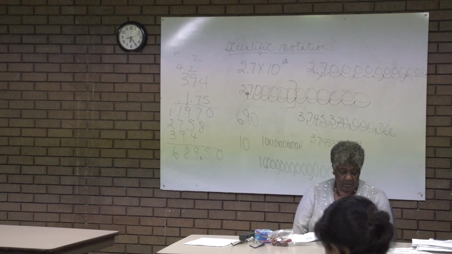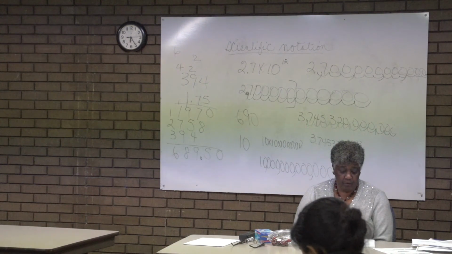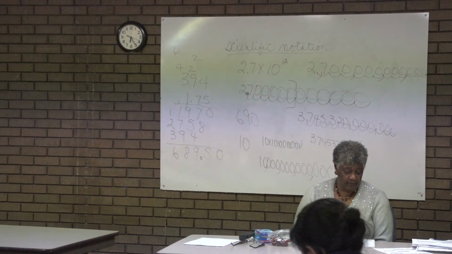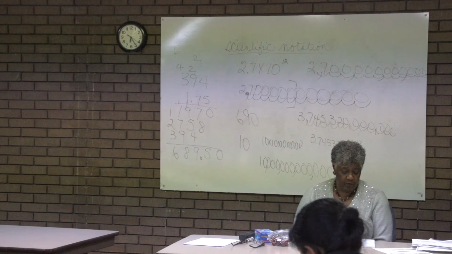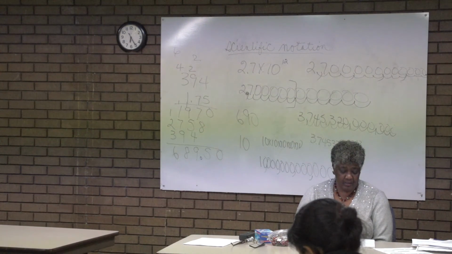Number 5, it says some experts believe that the population of the world in the year 2010 will be 7,240,000,000. Write the estimated population in scientific notation. What would that be?